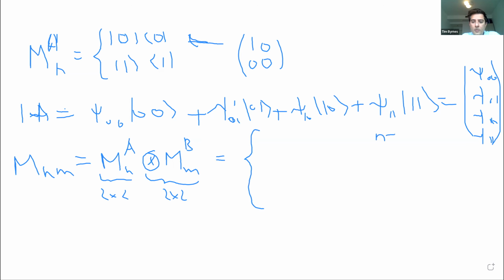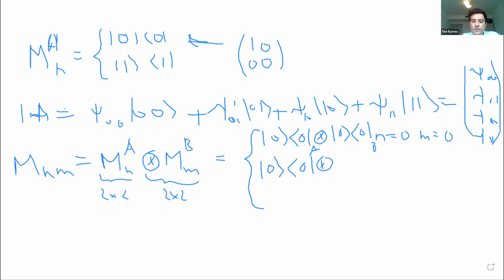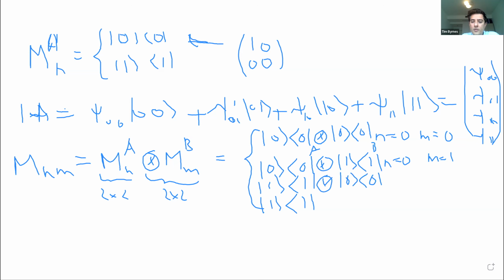So for example, let's start with n equals 0, m equals 0. Then essentially what we've got here is 0, 0. This is the thing on Alice's side, and this is Bob's side. The next one would be n equals 0, m equals 1. Okay, 0, 0, and then 1, 1. So this one would be 1, 0, and then this would be 1, and then 1.